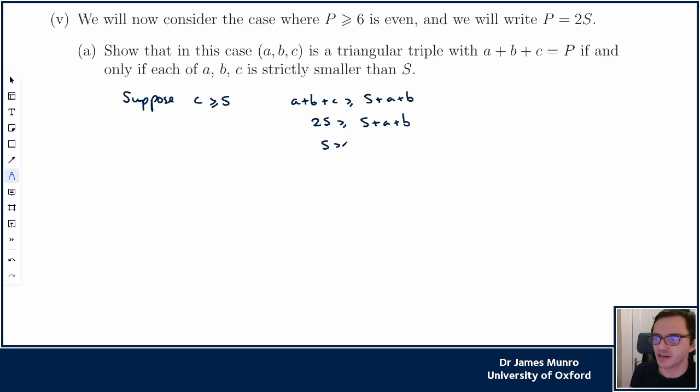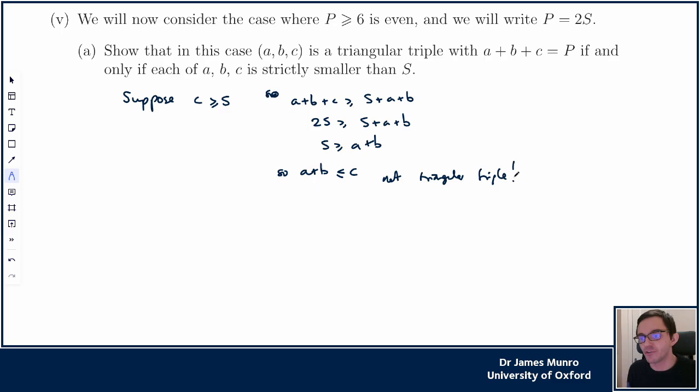So I can subtract an s, and I've proved that a plus b is less than or equal to s, but c is bigger than or equal to s. So a plus b at best could be equal to c, but it's less than or equal to c. That will not be a triangular triple. So that's crazy. So c must be smaller than s.